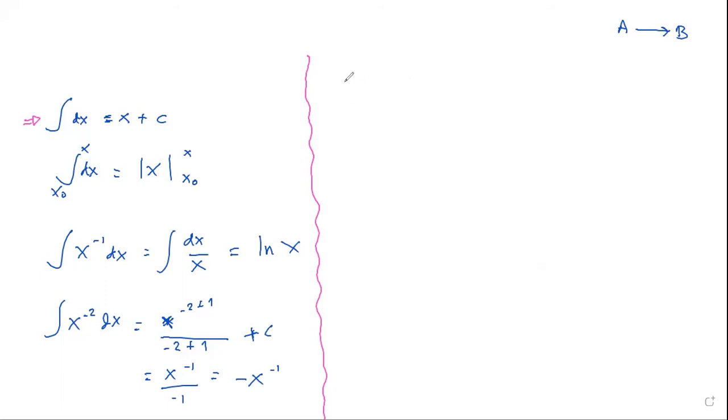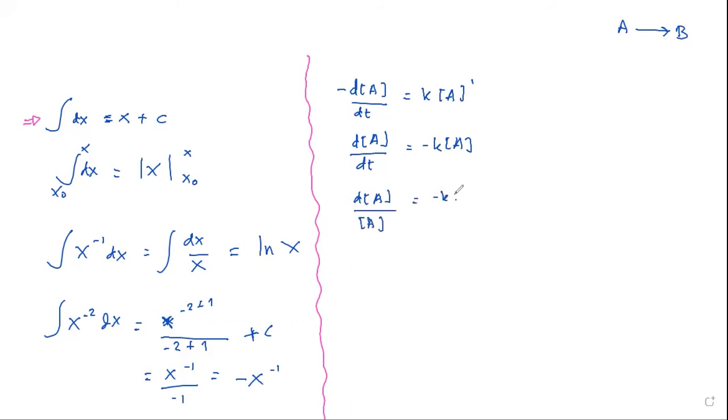In the first order reaction, the change of concentration of A over time equals k times the concentration of A to the power of 1. So dA over dt equals negative k times the concentration of A. I'd like to combine A with A, so dA over the concentration of A equals negative k times dt.